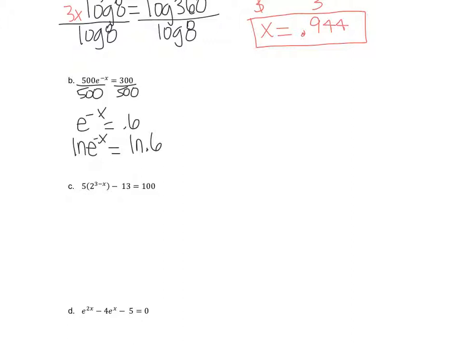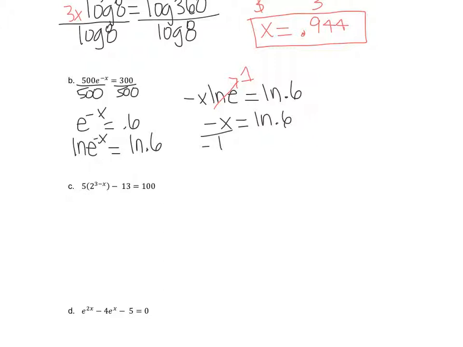And then what I'm going to do from here is drop down that negative x in front using my log rules. So I'm going to have negative x ln of e equals ln of 0.6. And then remember, this will go to 1. So then I've just got negative x equals ln of 0.6.